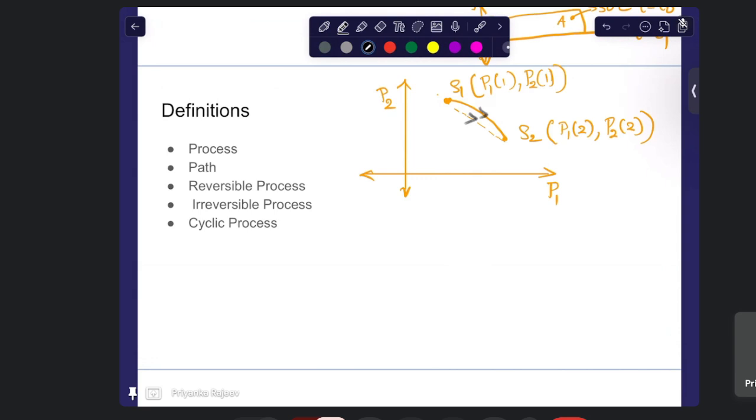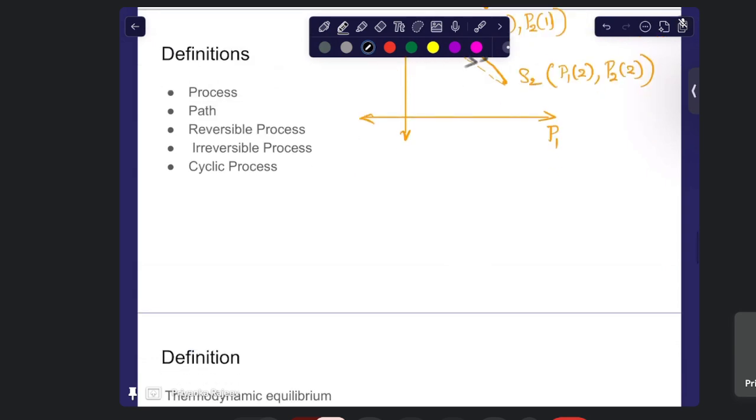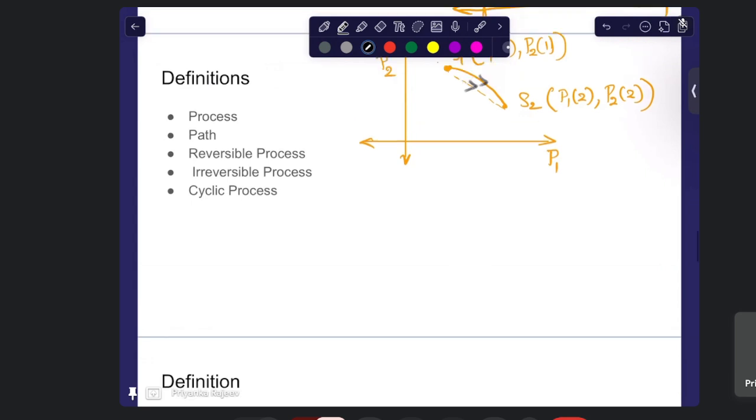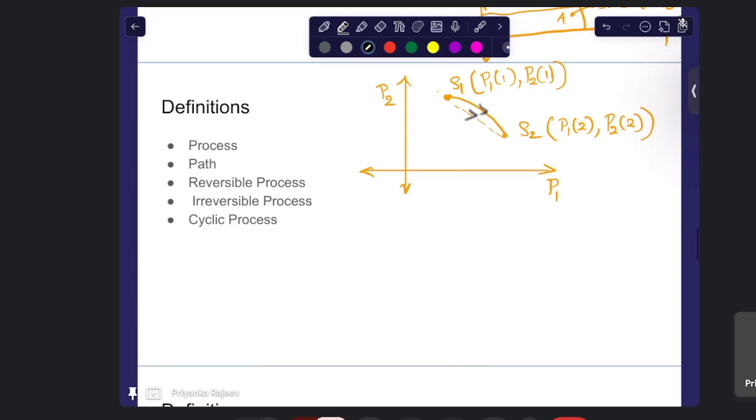Now we have got reversible process and irreversible process. A reversible process is a process in which the system goes from state 1 to state 2 through a series of states.